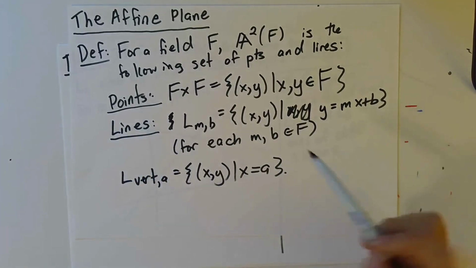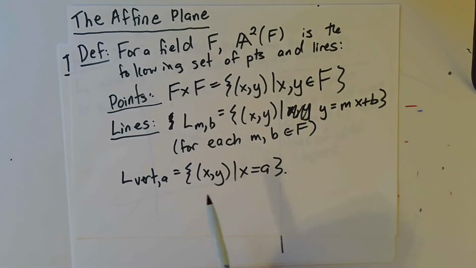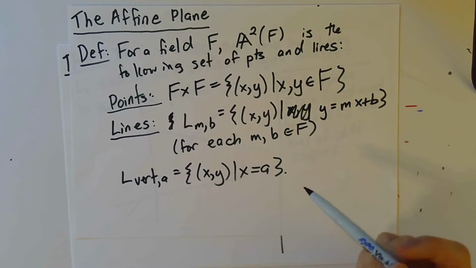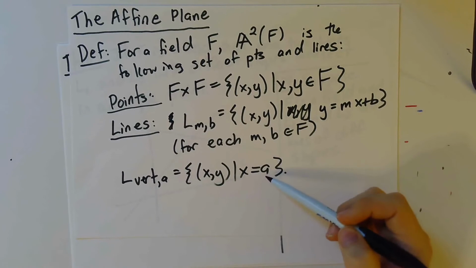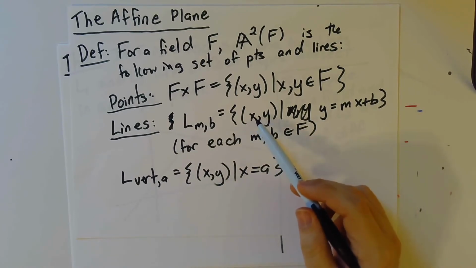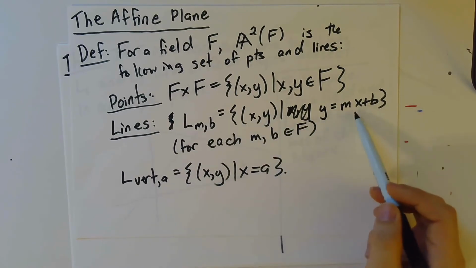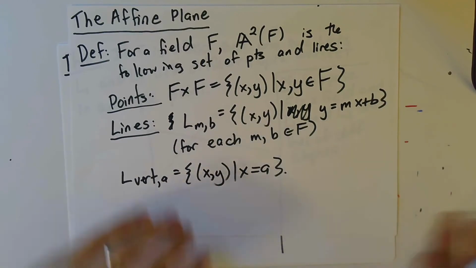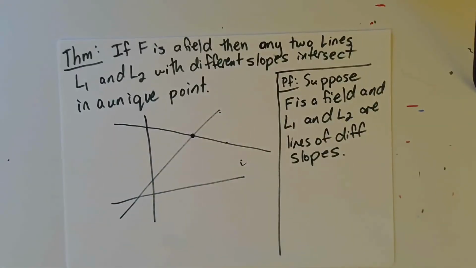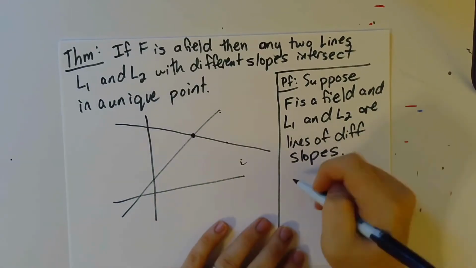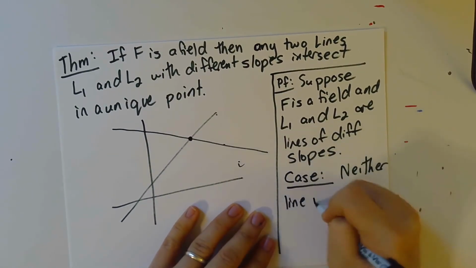So I technically have to include the case, well, what if one of my two lines is vertical? They can't both be vertical, because two vertical lines are definitely not going to intersect. But if one of them is vertical, well, then I take the point x equals a, and I plug it in for x here. I plug in a, and then y is equal to m times a plus b. That works. So the interesting case is the case where neither line is vertical. So that's the case we're going to focus on.